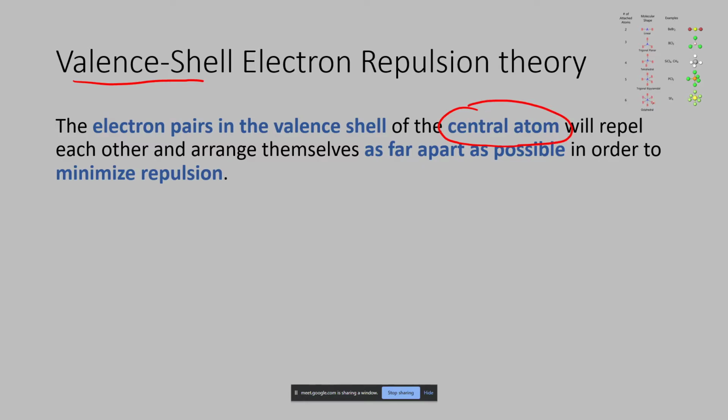All yang keliling dia tu most likely kita ignore je dulu for now. Okay, so VSEPR ni cakap kalau boleh everything dia nak as far apart as possible untuk minimize repulsion. Okay, because if you remember, electrons are negative charge. Negative charge tak suka duduk dekat-dekat. Kalau boleh dia nak duduk as far apart as possible.